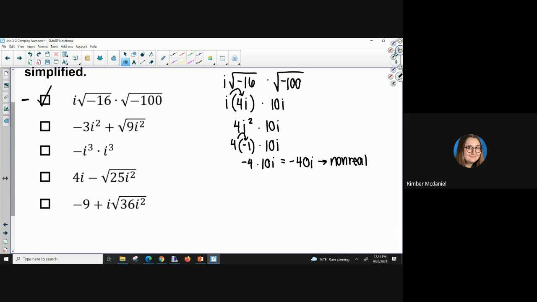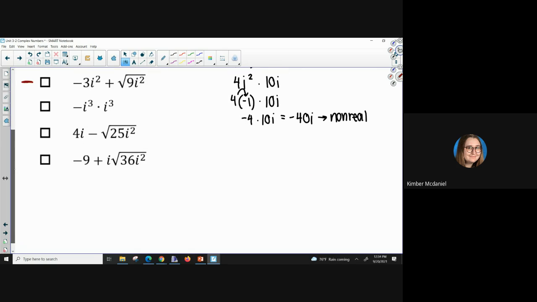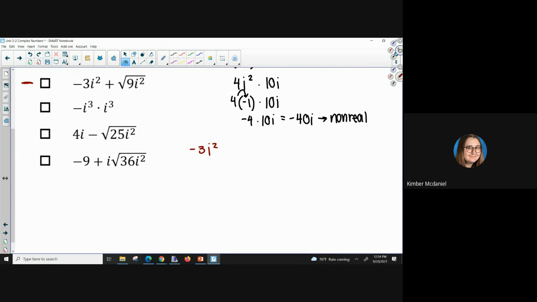Okay. I'm going to do the next one in red because, again, people who are looking at the notes will probably be confused if I just write it all in the same color. So let's look at the second answer choice. We have -3i to the second plus the square root of 9i squared. Now again, you can go about these however you want.